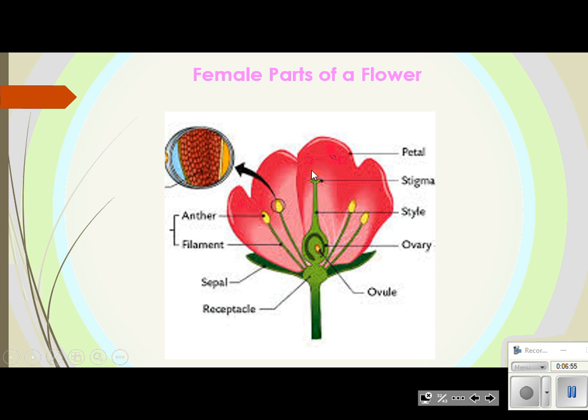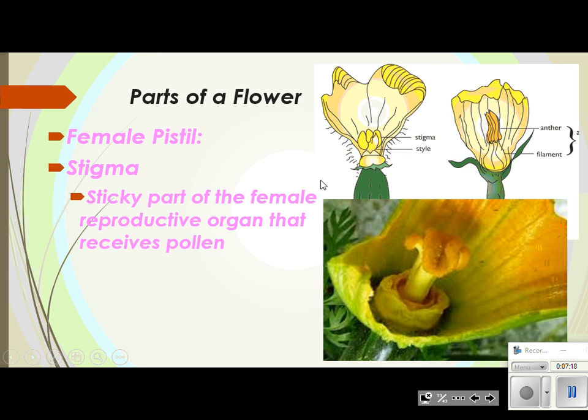That is where the pollinator, the bee it could be, hits that stigma, and it's the sticky part. So that bee could have got some pollen on it. When it flies in there and hits that stigma, it puts that pollen onto the stigma because of its stickiness. So the stigma is the sticky part which receives the pollen.